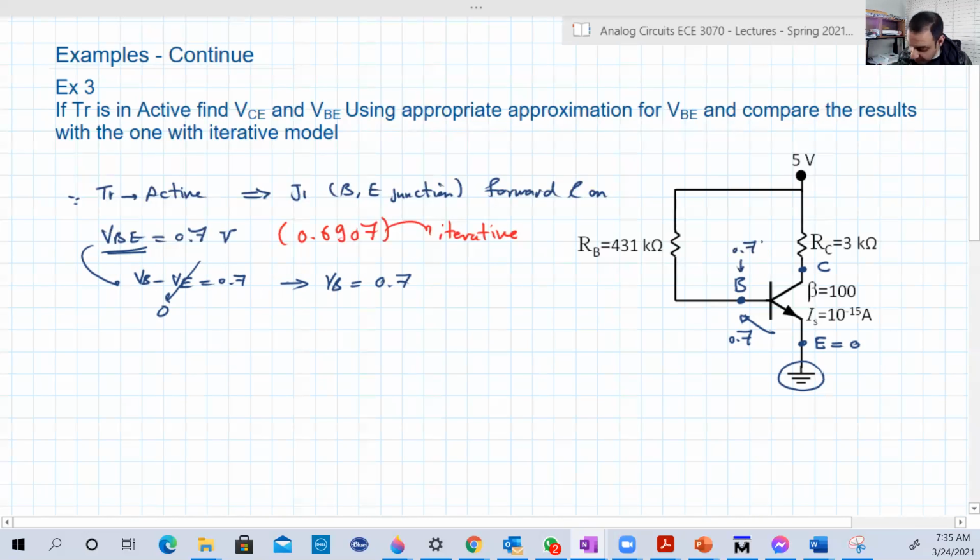Remember, IB is the current going into the base. You can determine IB easily using the terminal voltage of this resistor, 431 kilo ohms.